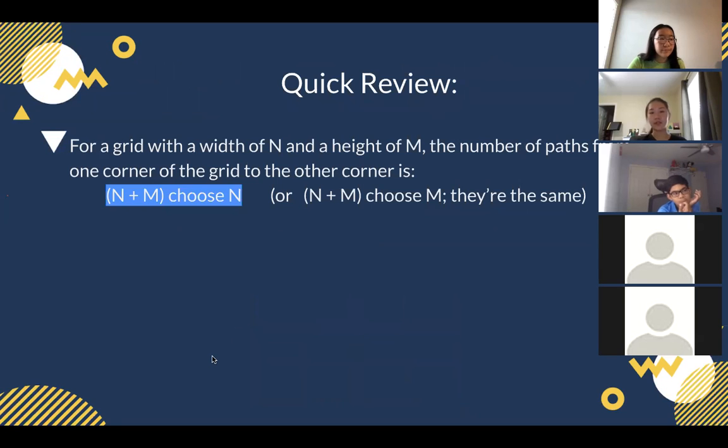So basically, for a grid with a width of n and a height of m, the number of paths from one corner of the grid to the other corner is n plus m choose n or n plus m choose m. So they're the same thing. So you just think of them as letters, kind of like a name.